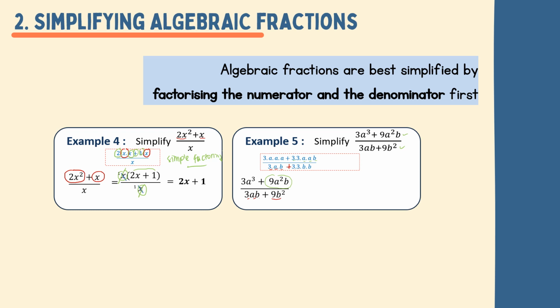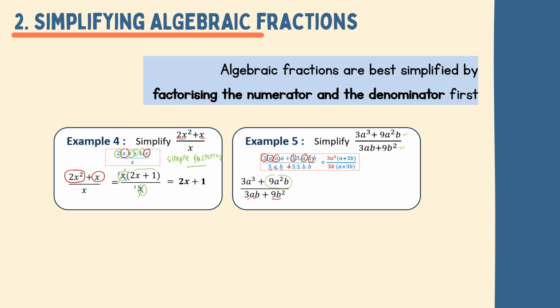And after that, we can find the common factors for the numerator, which are 3 and a. Yeah, that's all. So the HCF is 3 times a, which is 3a.